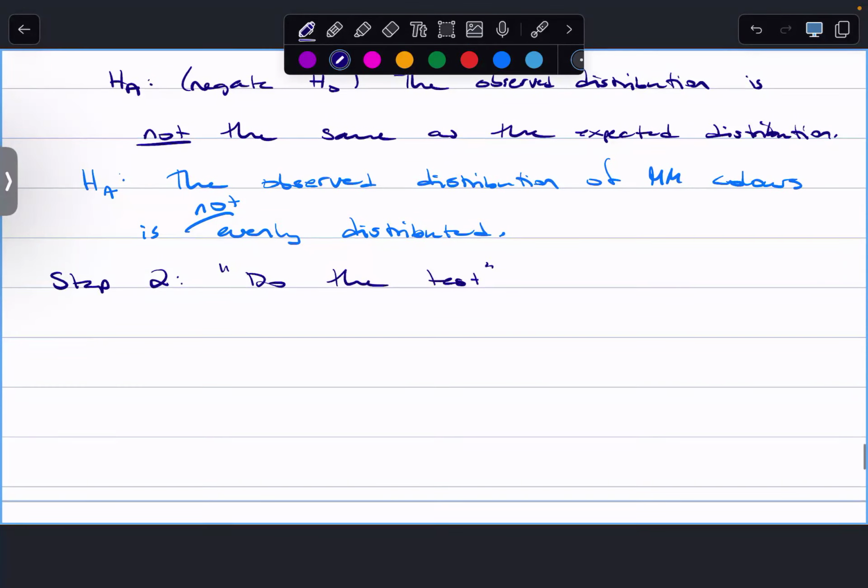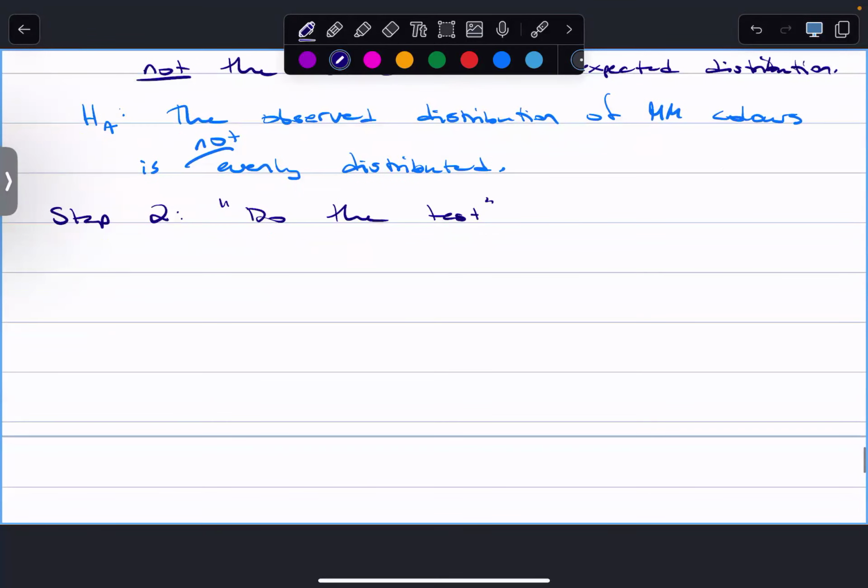Here we go. Step 2, the chi-squared. Thinking back to our Z, any test statistic is going to take the difference between the observed and the expected, the hypothesized value. So your point estimate minus your null value divided by the spread.